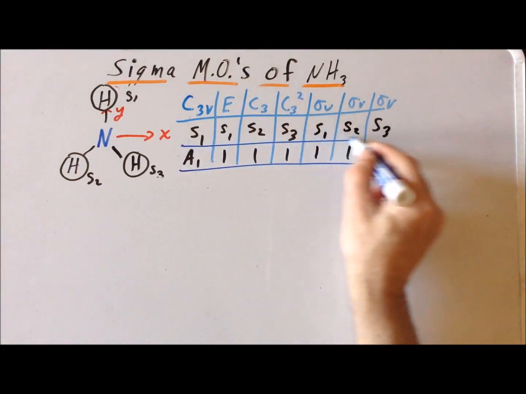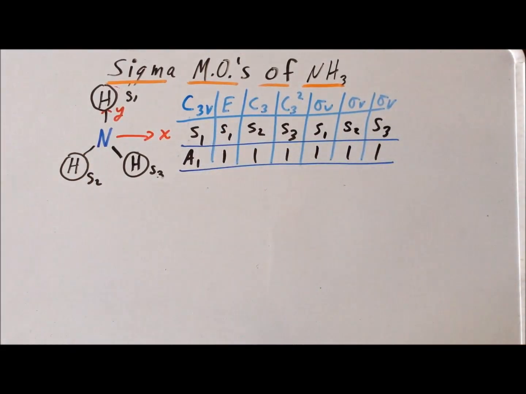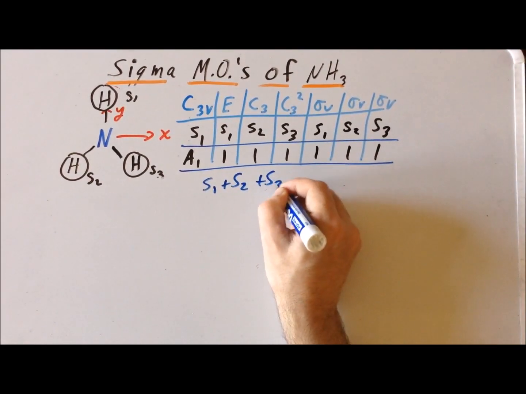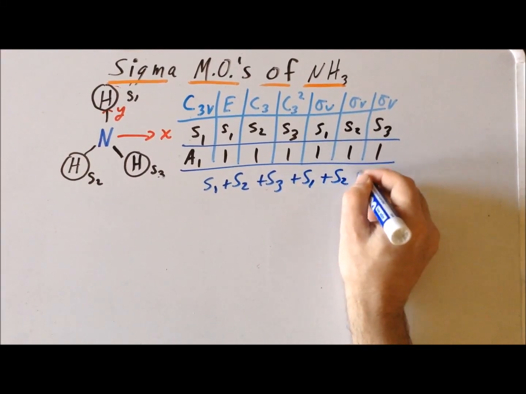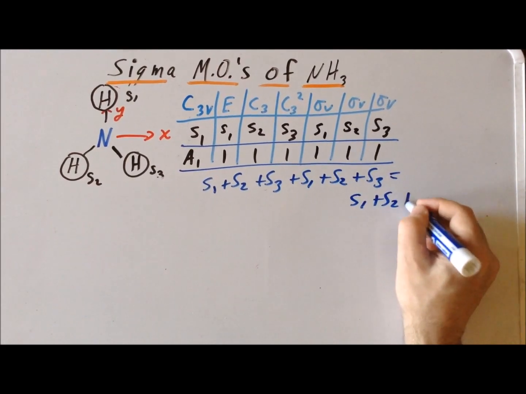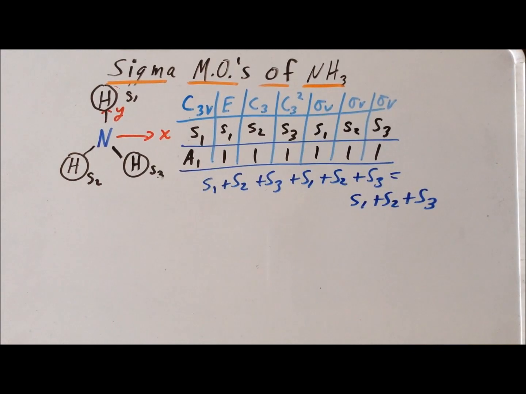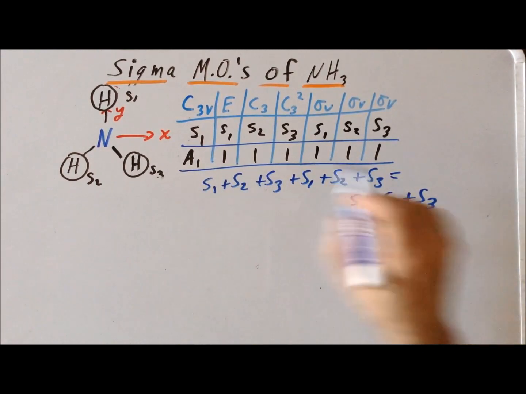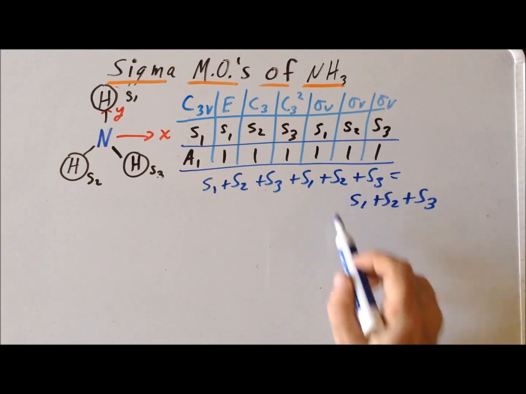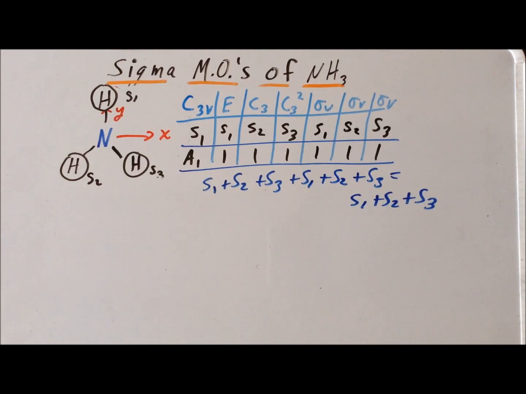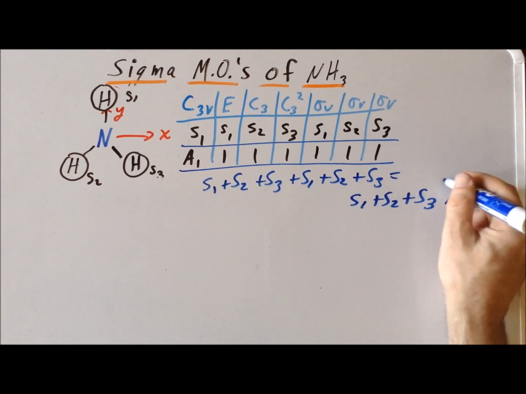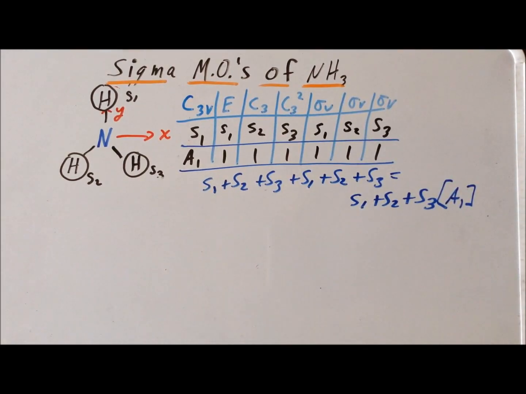So we multiply the character in the second row times the term in the first row, and we get S1 plus S2 plus S3 plus S1 plus S2 plus S3, and we can condense this as S1 plus S2 plus S3. Notice that, for brevity, we're omitting the normalization constants, just to make it easier to see what the molecular orbitals look like without the complication of additional factors in front. So this is the A1 molecular orbital. And we'll see in a bit what that actually looks like.